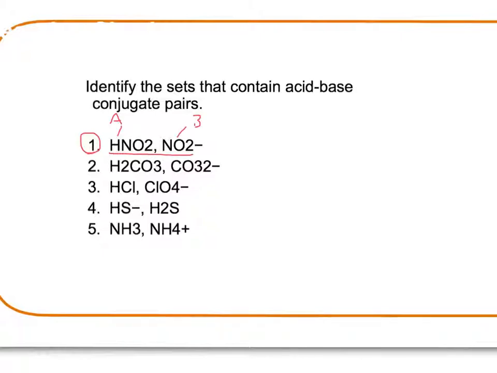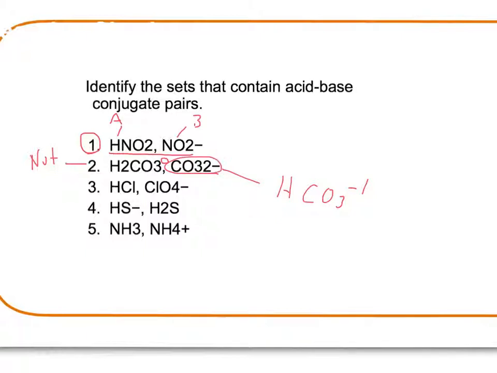On example 2, this is not an acid-base conjugate pair. Notice that the charge of H2CO3 is 0. It should lose one hydrogen to become HCO3 with a -1 charge in order to be the conjugate base.